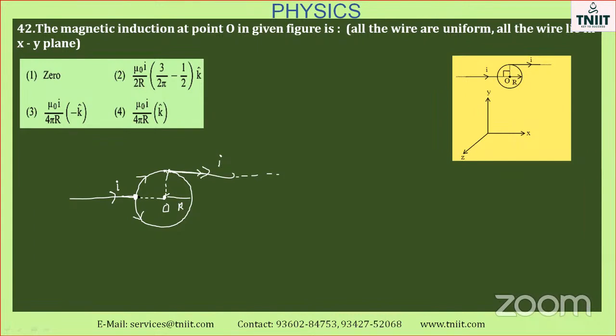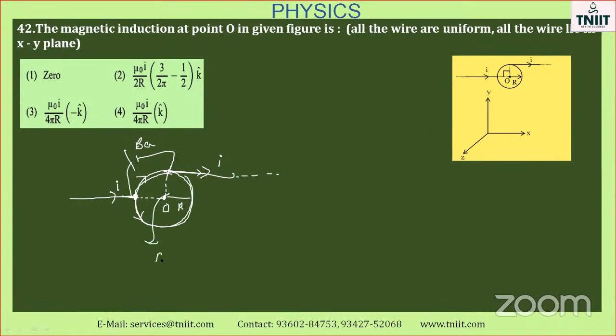So it is like between these 2 points, a cell or battery is connected. Whenever the battery is connected here, the current flows in at one particular point and exits at this particular point. So the same magnetic field will be produced by the 3/4 arc.